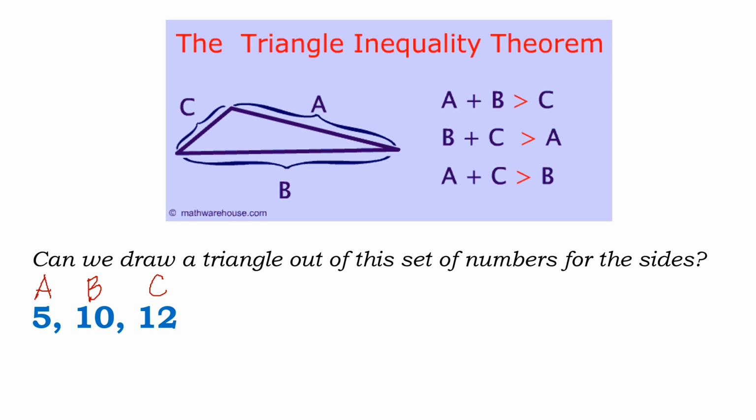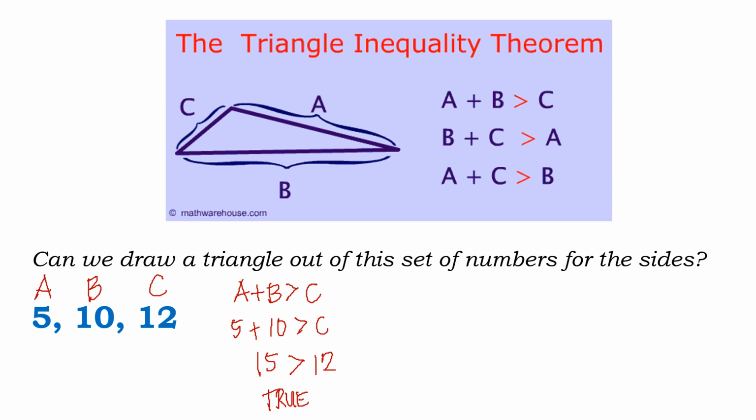So if we say that A plus B should be greater than C, then that is 5 plus 10 greater than C. So 5 plus 10 is 15. So 15 is greater than 12. So this is true.